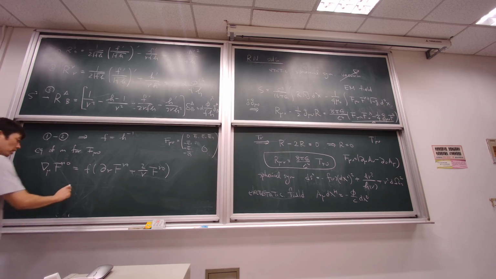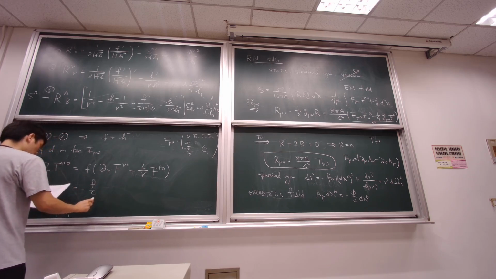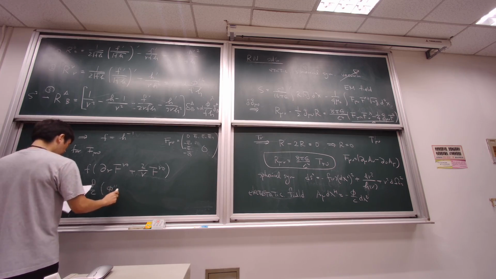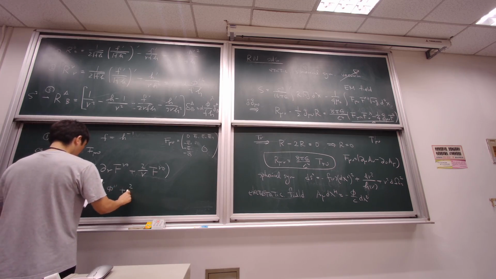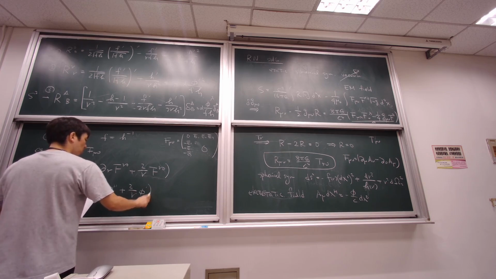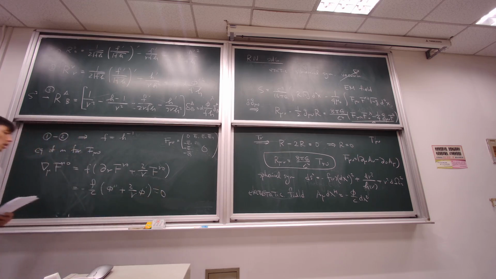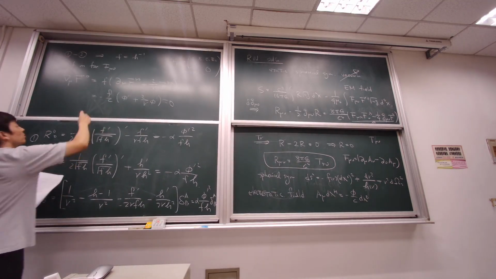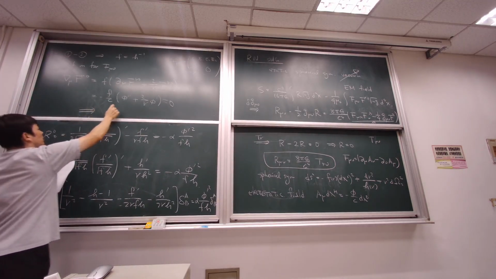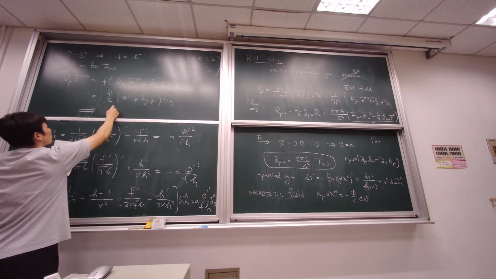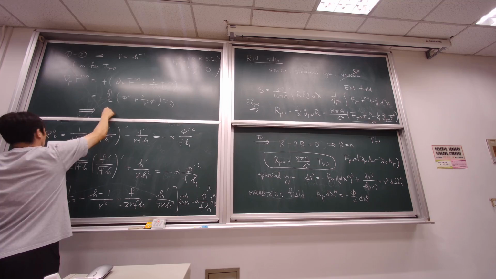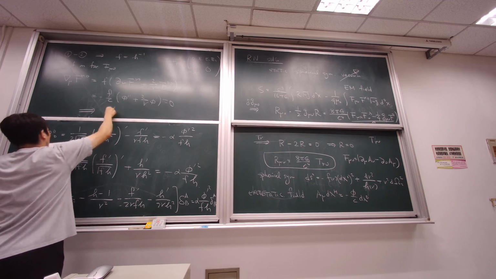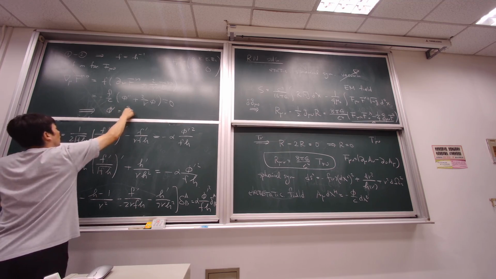Then this is given by phi double prime plus 2 over r phi prime equal to 0. So we need to solve this equation, and that's easy to solve. Since we assume spherical symmetry, phi prime is equal to q over r squared.